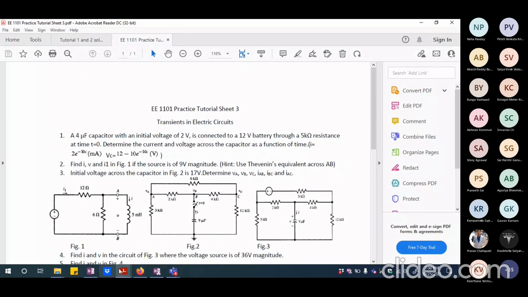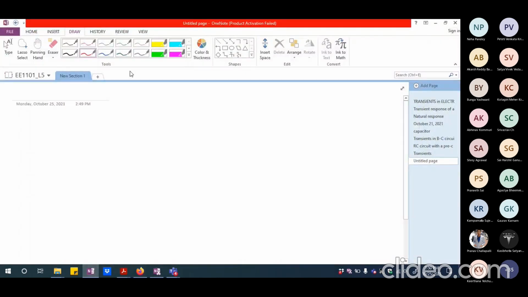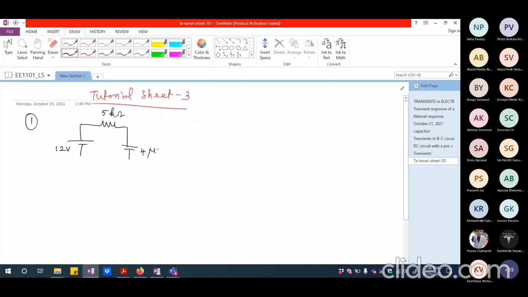So let us first of all look at what this circuit is. Let me start with this problem. The first problem says there is a 12 volts voltage source and a 5 kilo ohm resistance, and there is a capacitance of 4 microfarad value, having an initial voltage of 2 volts.